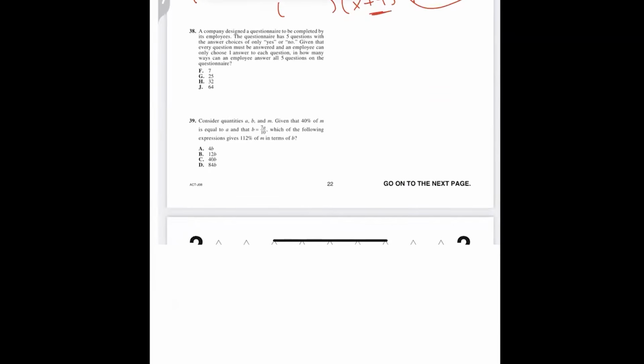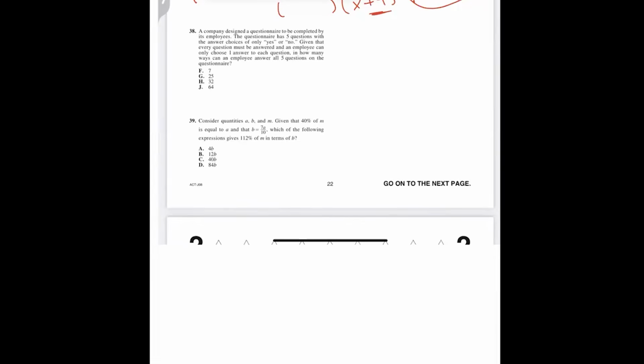On number 38, a company designed a questionnaire to be completed by its employees. The questionnaire has 5 questions with the answer choice of yes or no. Given that every question must be answered, an employee can only choose one answer to each question. How many ways can an employee answer all 5 questions on the questionnaire? Woo Nelly, that is a lot of options. So on number 38, you've got a lot going on.